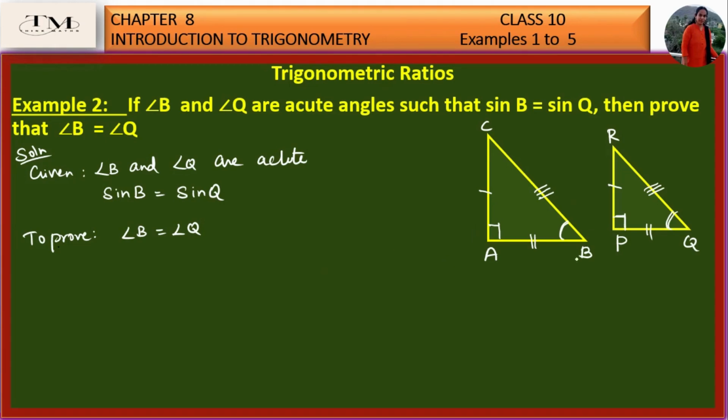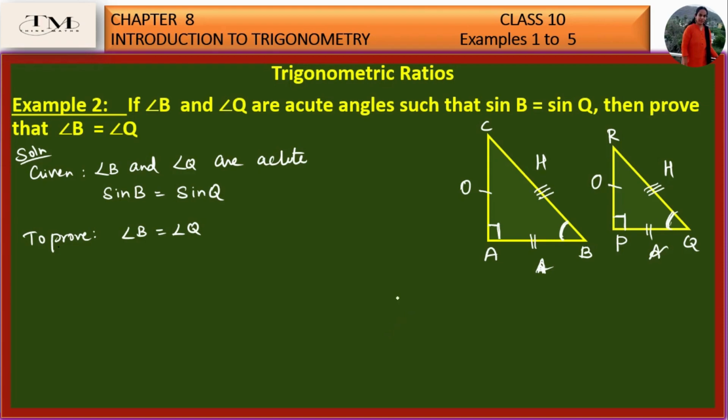So in this triangle ABC, the side opposite to the 90 degree angle is the hypotenuse, and this is the opposite side to angle B and this is the adjacent side. In the same way, in the other triangle, opposite to the 90 degree angle is the hypotenuse, and opposite to angle Q this is the opposite side and this is the adjacent side.